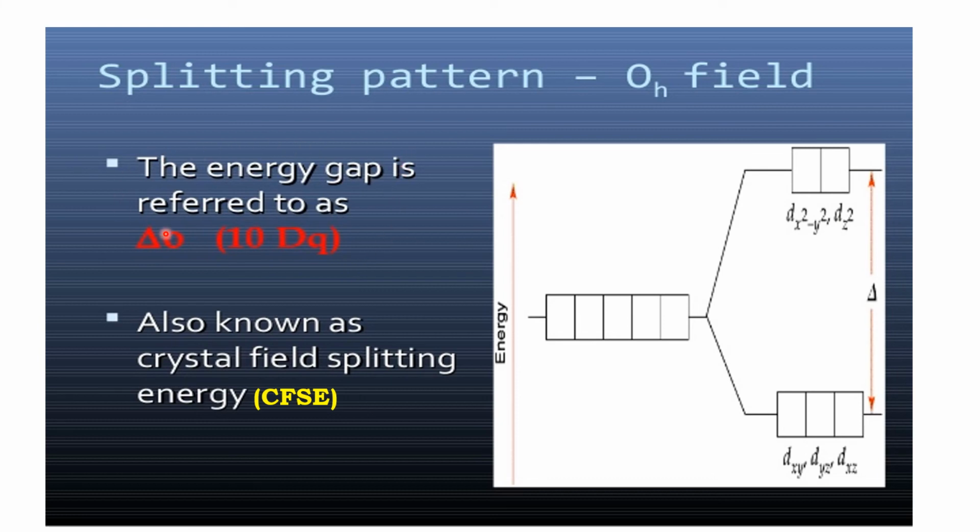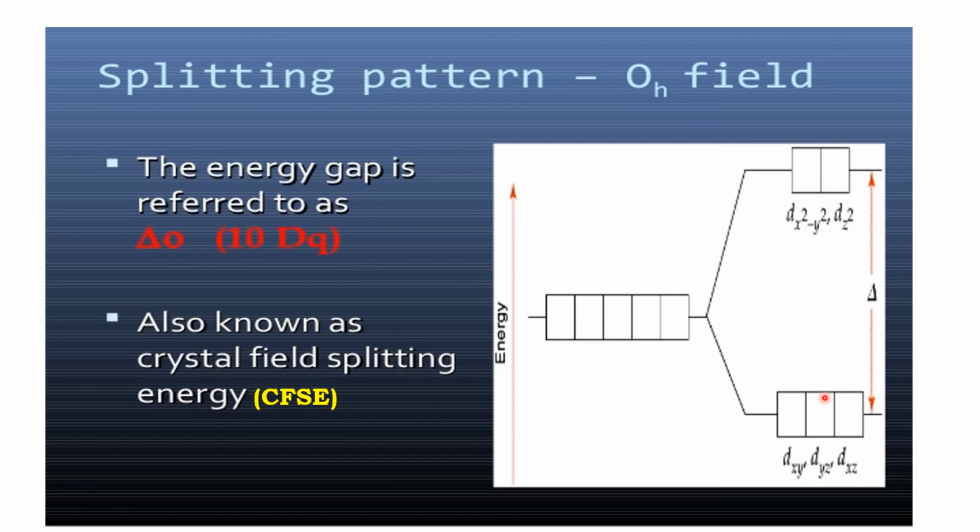So the energy gap between T2g and Eg level when splitting occurs for a d orbital is called 10 dq value or delta O. And this 10 dq value is called crystal field splitting energy, or CFSE, or crystal field stabilization energy.